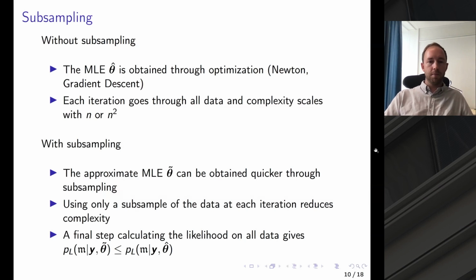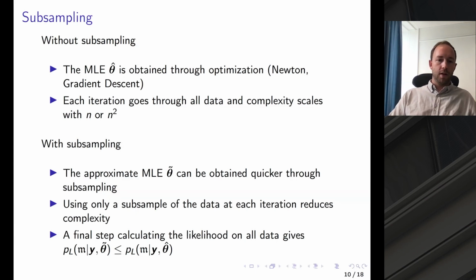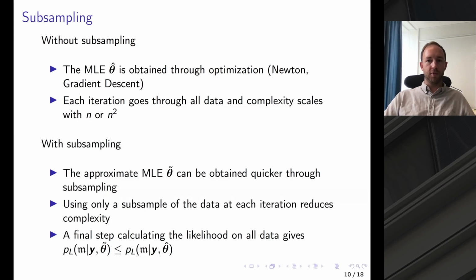With subsampling, we can obtain an approximate maximum likelihood estimate, which we denote theta tilde, much quicker. This is because we're only using a subsample of the data at each iteration. One common example of this is stochastic gradient descent, which is commonly used within machine learning, where you usually have a very large amount of data.